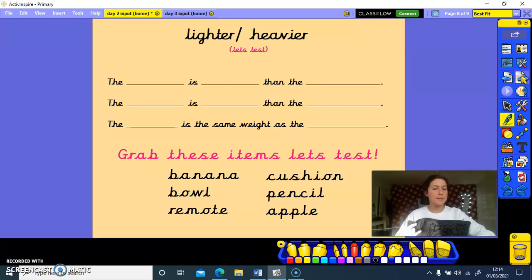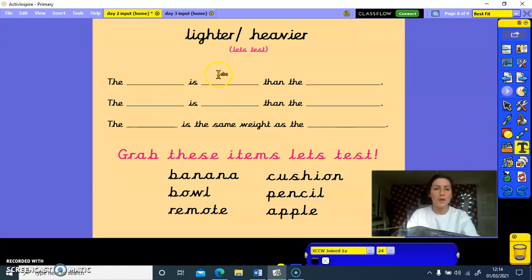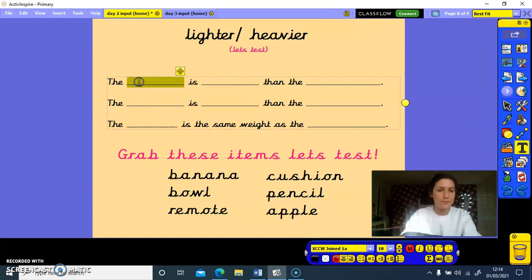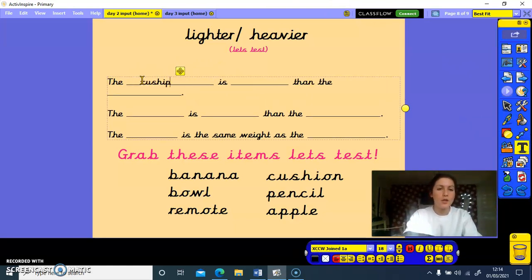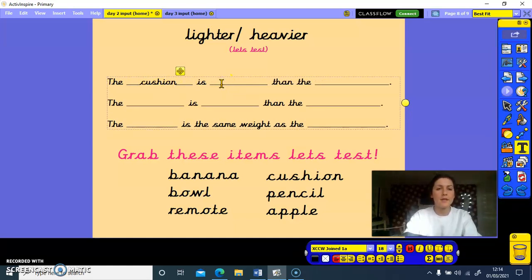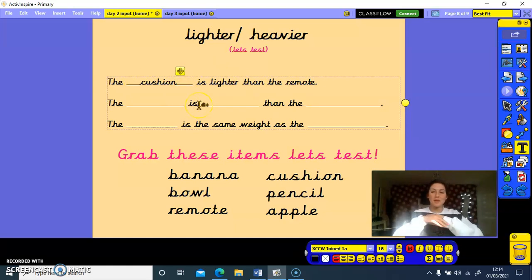So I would then say to my grown-up, or write it down, I would say the cushion is lighter than the remote. And then if I did it the other way around, I would say the remote is heavier than the cushion.